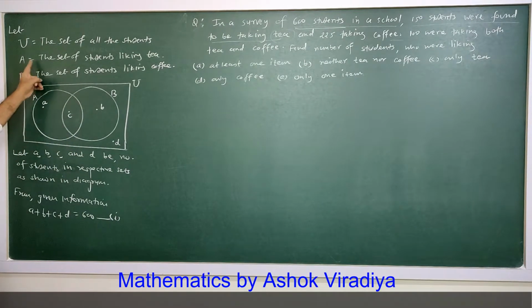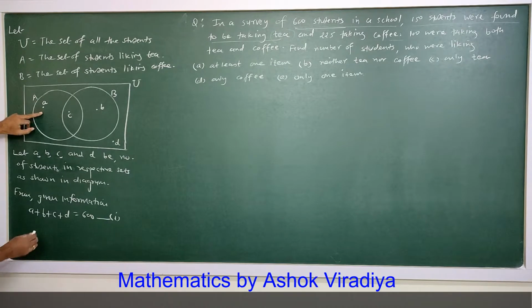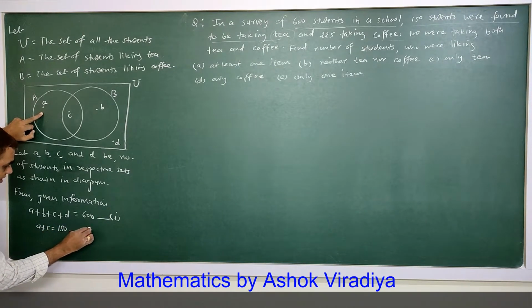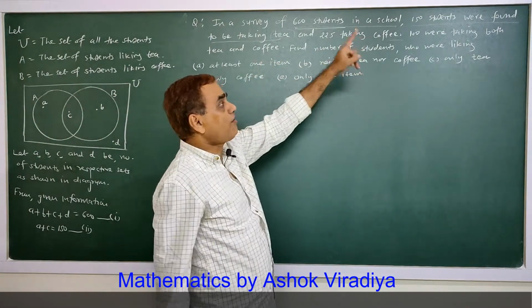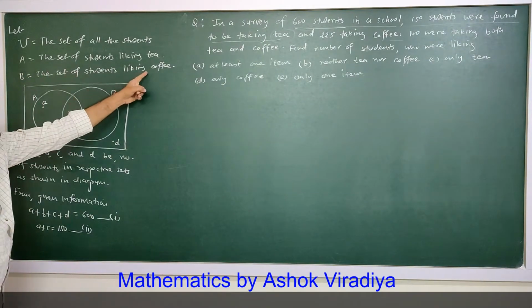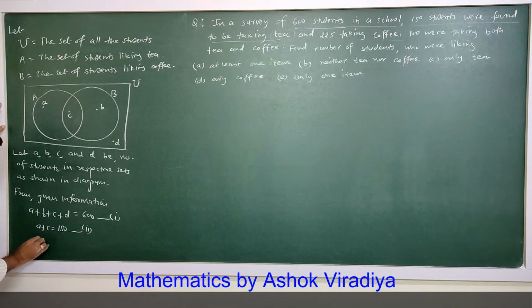A is the set of students liking tea, so in this region there are 150 students. So a plus c is 150. 225 taking coffee, that is in B. In B there are 225 students. So b plus c is 225.